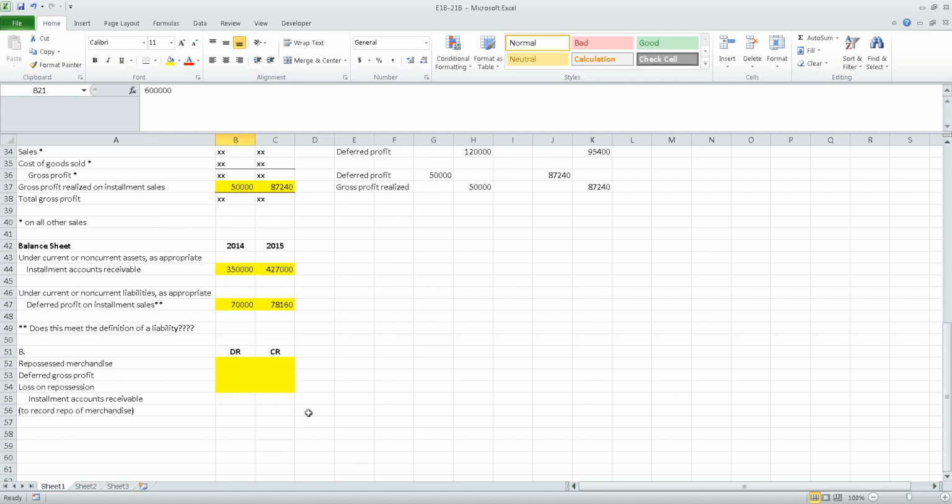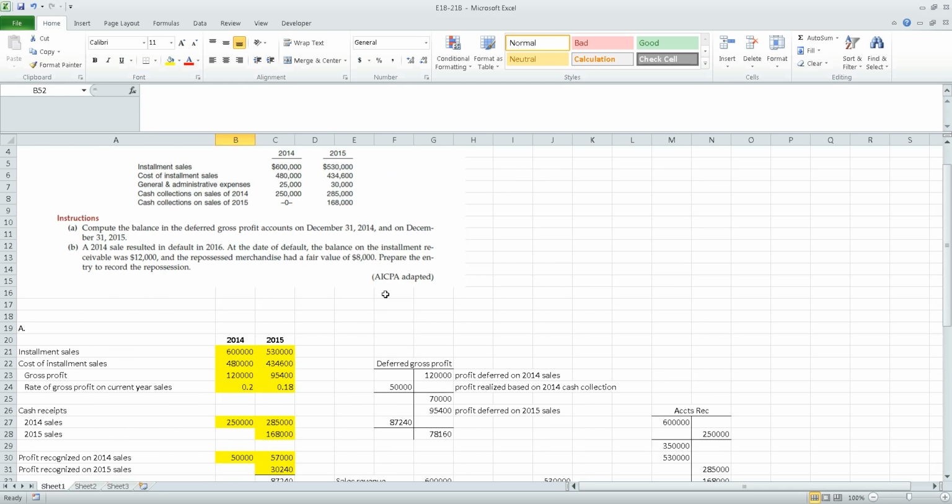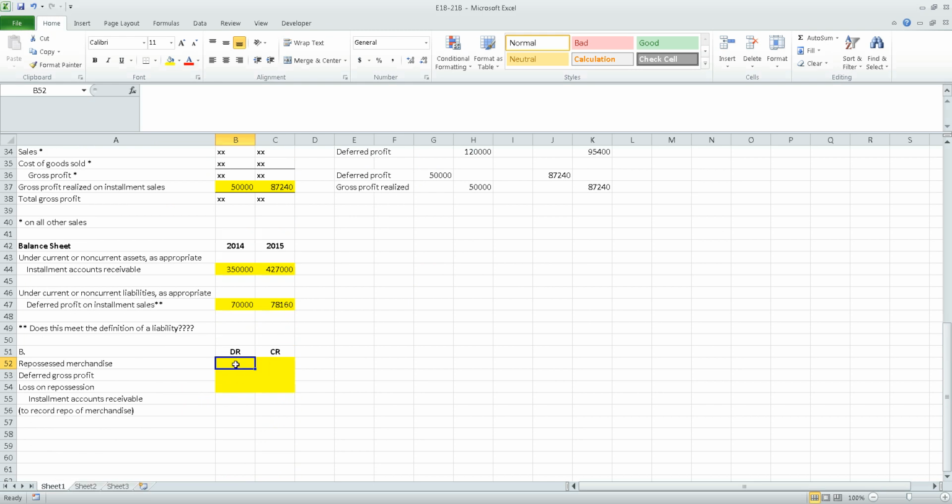Okay, so here's the deal. The easy part of the entry is the debit to the repossessed merchandise. We're always going to book that at fair market value. And the fair market value here of that repossessed item is $8,000. So debit repossessed merchandise for its fair market value, $8,000.